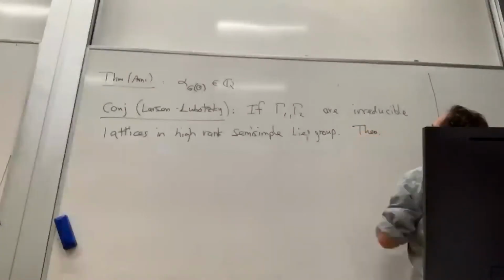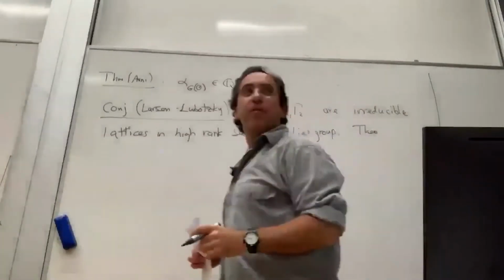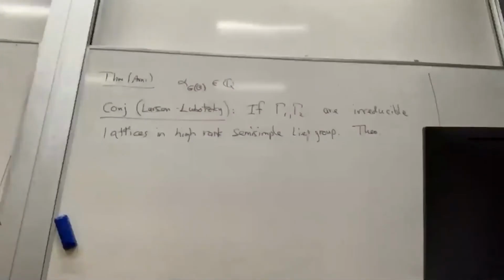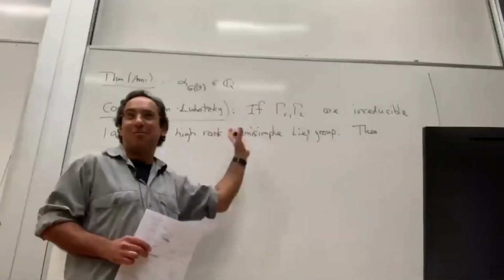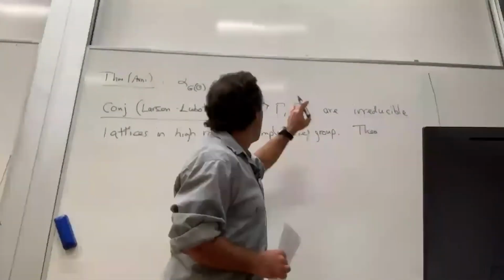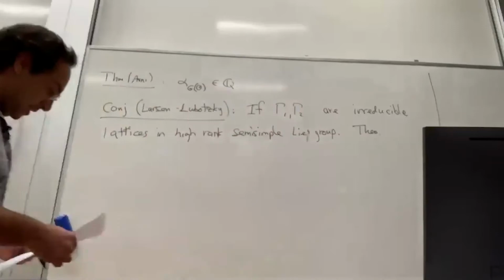Then... now, I know you are very keen to know what is then happening, but let me first explain the terms before we say what they prove. What are all these things here?